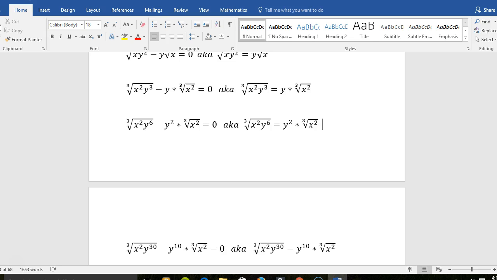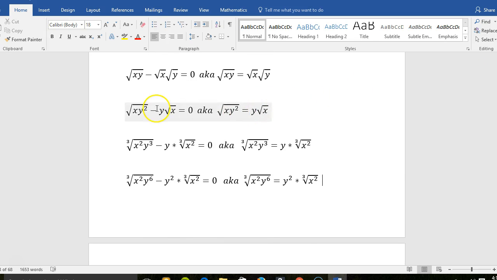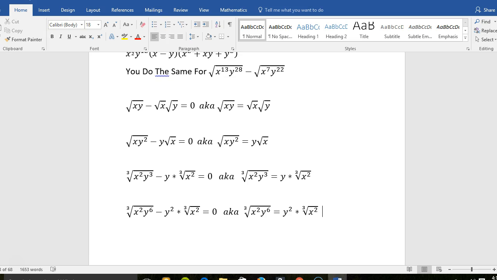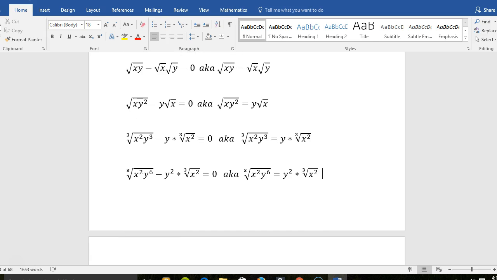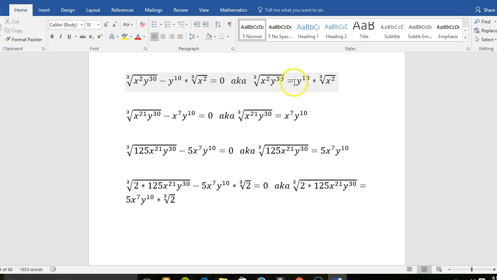All the variables, x, y, z, whatever you see, is positive. And since these two are equal, this is 0. So we get that.